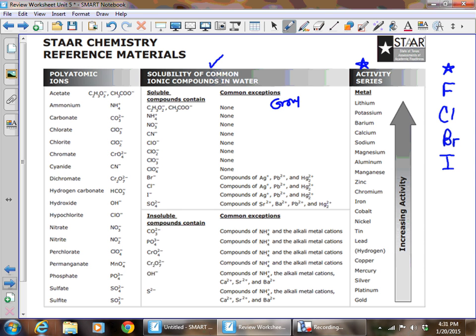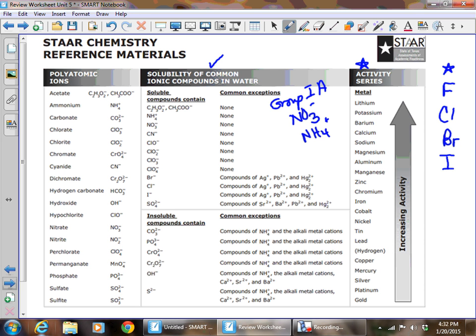So group 1A, anything with nitrate in it and anything with NH4 ammonium in it is going to be soluble. Everything with those in it is soluble. So if you see one of those in the compound, then you know it's not going to be the precipitate.